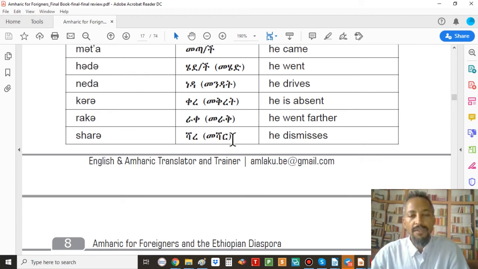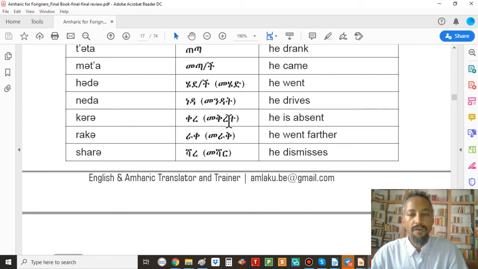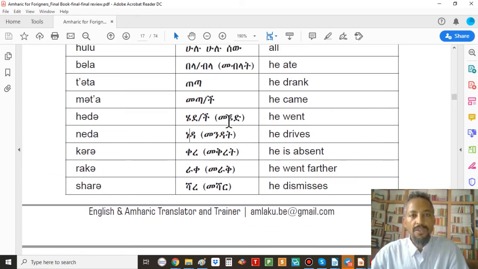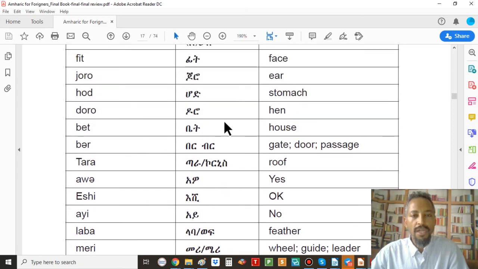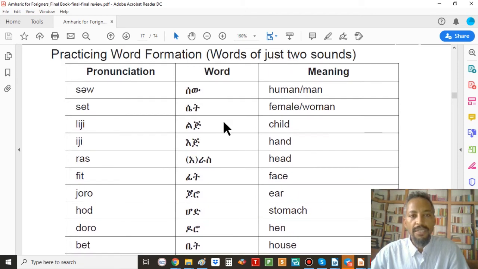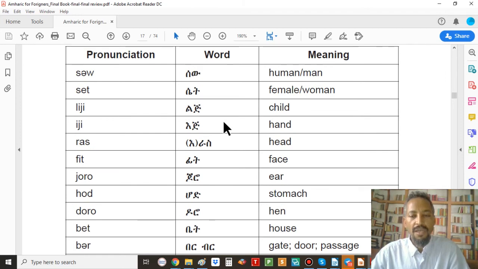It also has another meaning, but let's not complicate things for now. That will be something for our upcoming lessons. So here we have a list of some two-letter or two-sound words, and once you study these, the next lesson will be about the first.